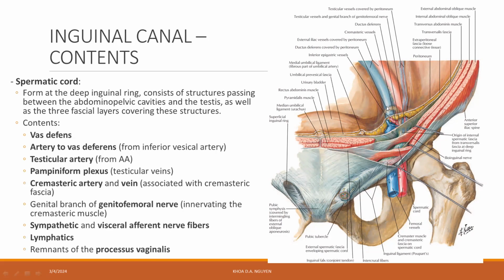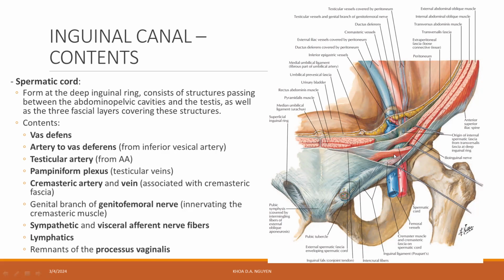You can see it as this structure right there. Besides the vas deferens, you also have the artery to the vas deferens within this tube, as well as the testicular artery. The testicular arteries and veins are these structures right here that go down here and become a part of the spermatic cord.